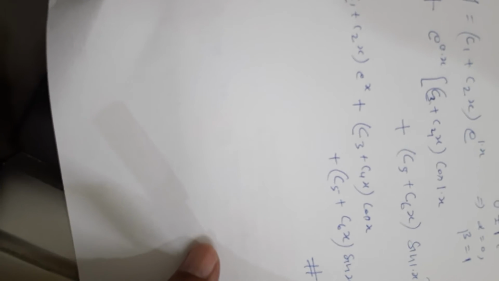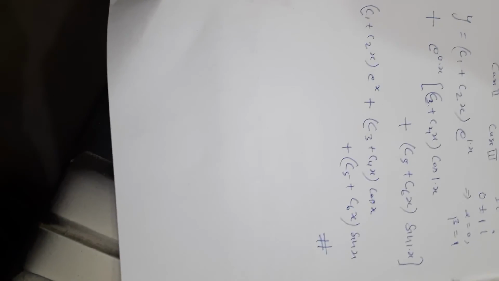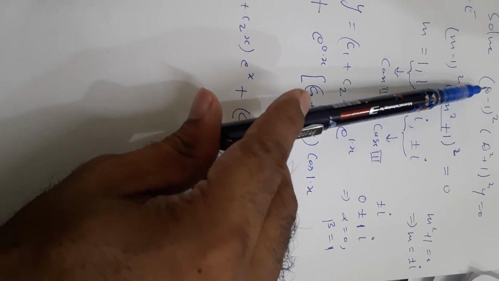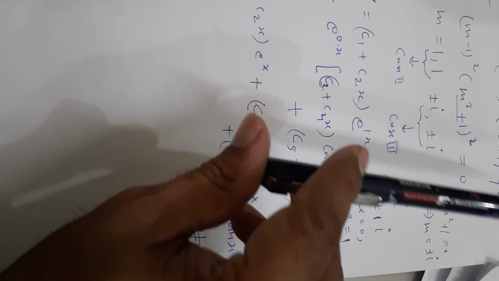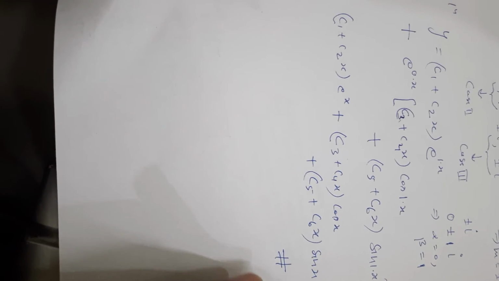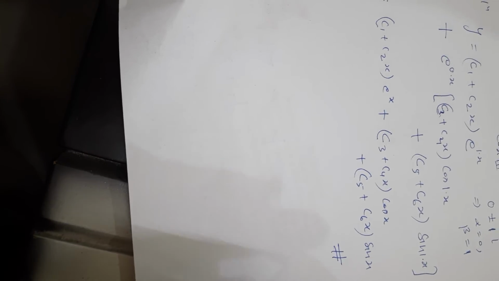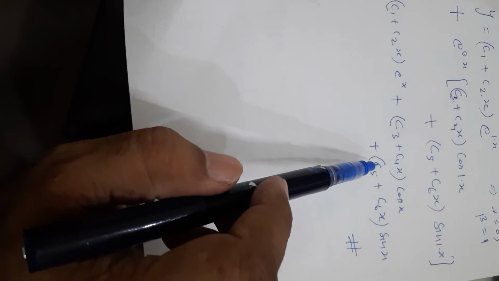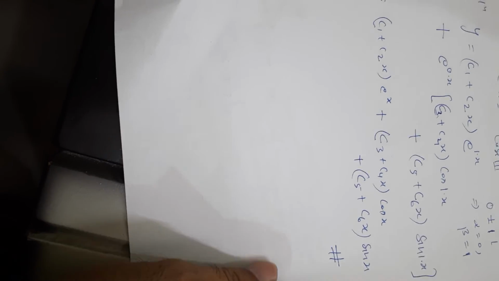This is the solution of the given differential equation, and the given differential equation is of order 2 + 4, that is 6. So in the solution there must be 6 arbitrary constants: c1, c2, c3, c4, c5 and c6.